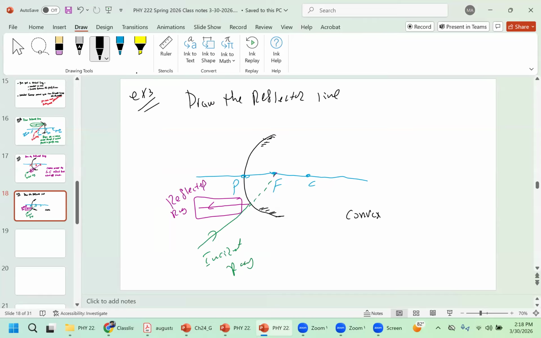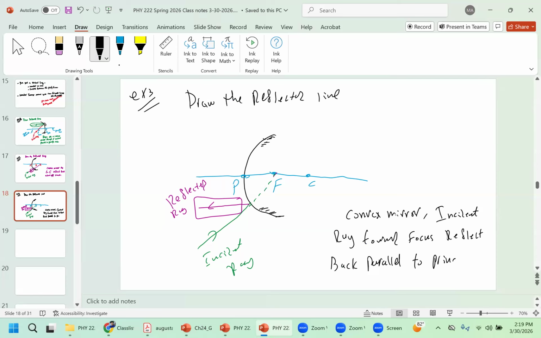So this is going to be a convex mirror. Incident ray toward the focus reflects back parallel to the principal axis. Okay.